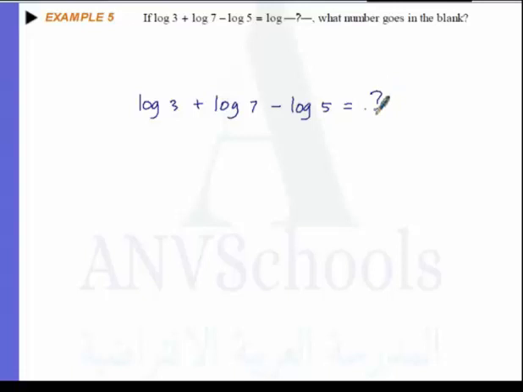And notice that I've told you in previous videos that if there is no base written, as in this case, these types of logarithms are in base ten. So automatically these bases are tens.